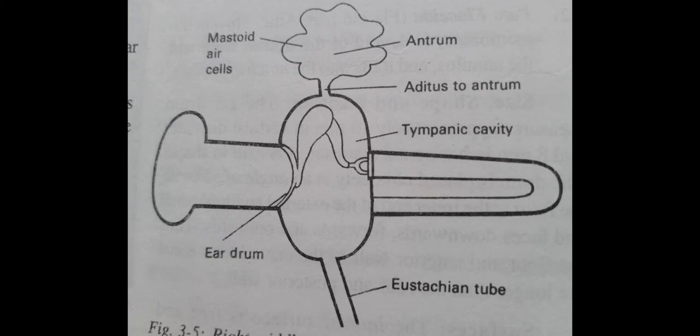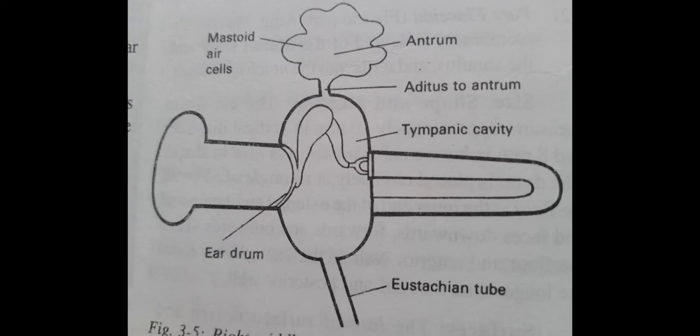The lateral wall is formed by the eardrum and the bones above and below behind the eardrum. This tympanic cavity is divided into the epitympanum, then just behind the tympanic membrane the mesotympanum, and the hypotympanum, which lies below the eardrum.